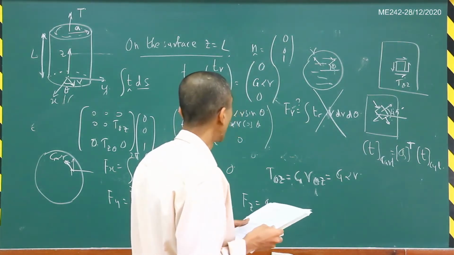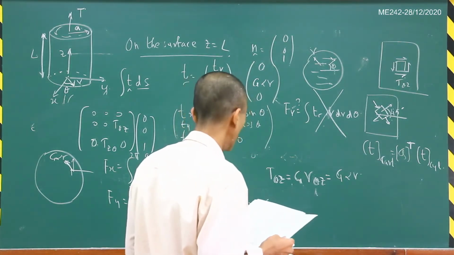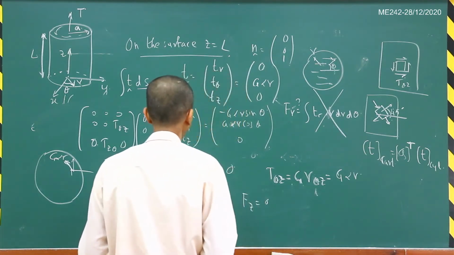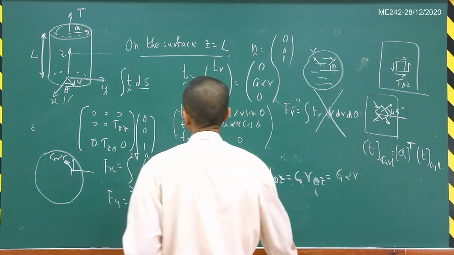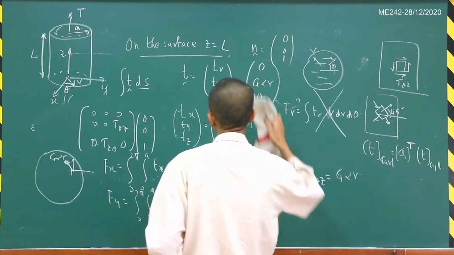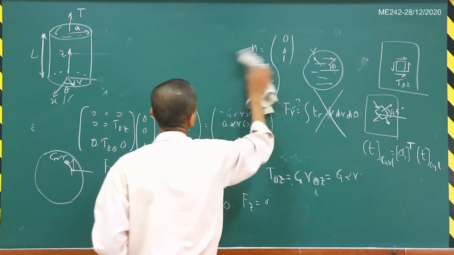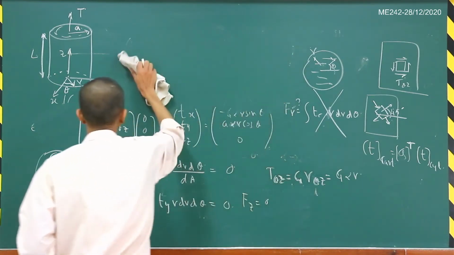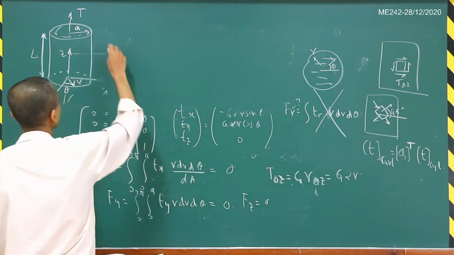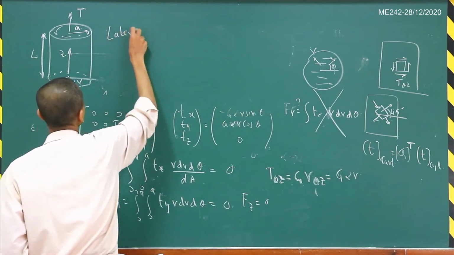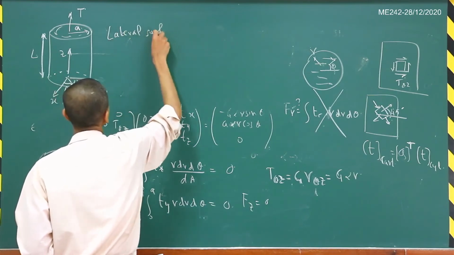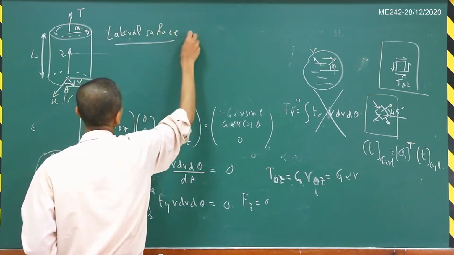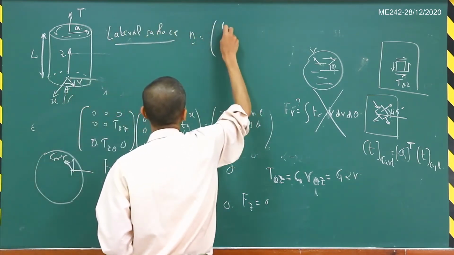Okay, then what about the lateral surface now? So on the lateral surface, let us write that here somewhere, the normal is equal to (1, 0, 0).